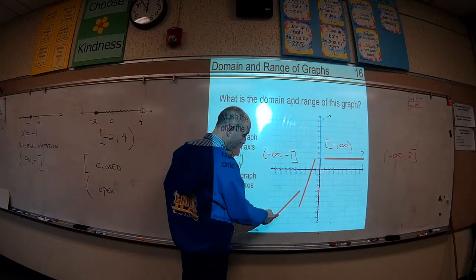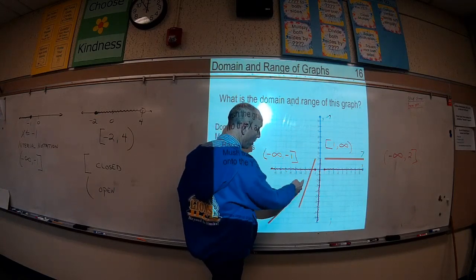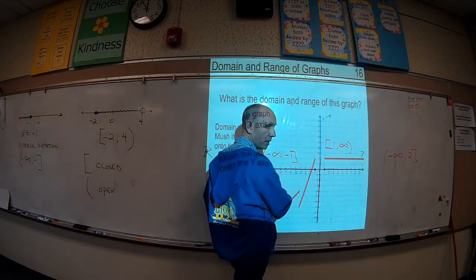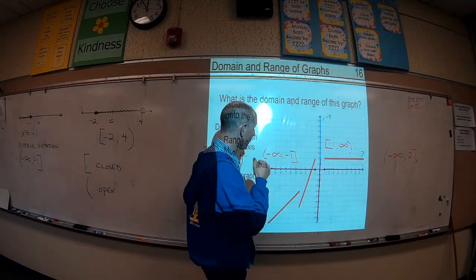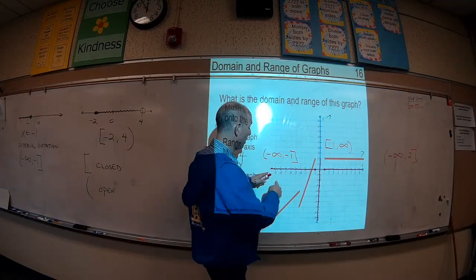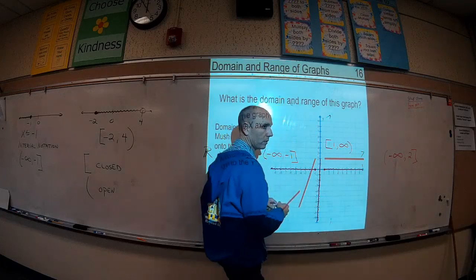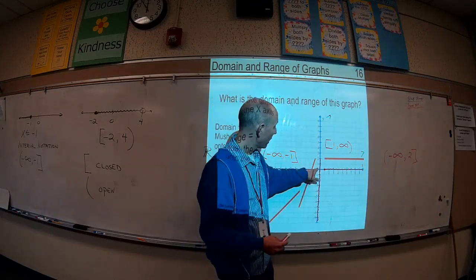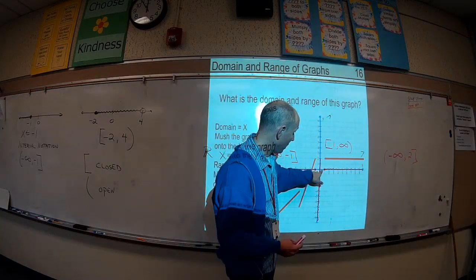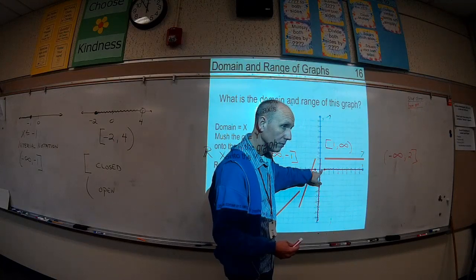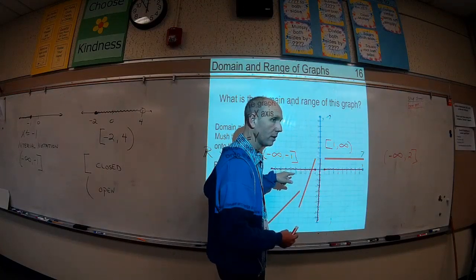I put it there. I put all these points, so the domain would be negative infinity to -1. But wouldn't it be negative infinity to infinity because it's smooshed everywhere?